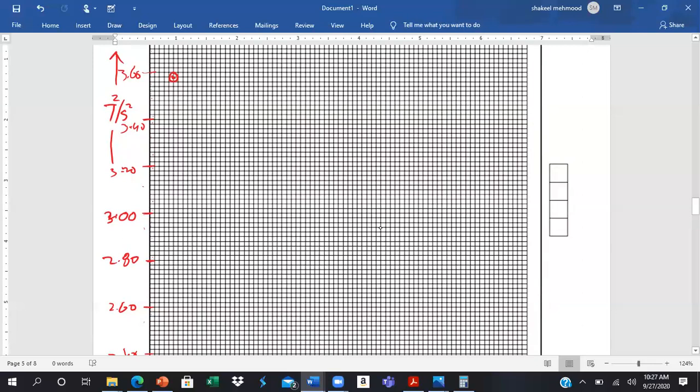So 3.20, and well, 1, 2, 3, 4, 5, 6, 7, 8, 9, 10. So 15 was over here, and 3.22, 3.24, 3.26, 3.28, and 3.29 is over there. So this is the point, and this is the circle. So this was the second point.